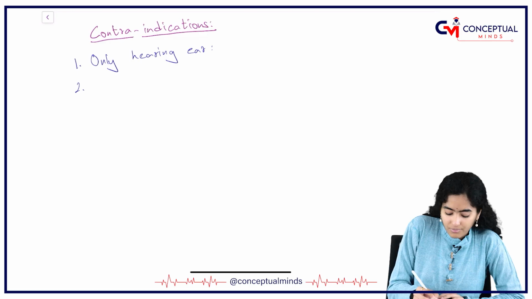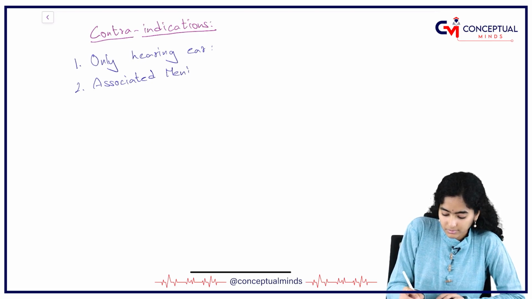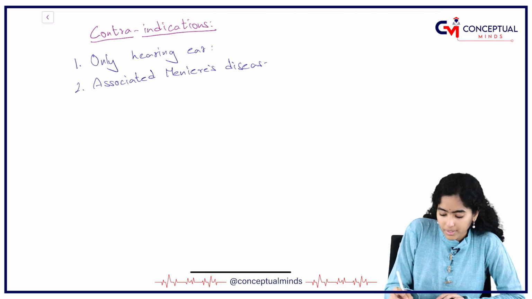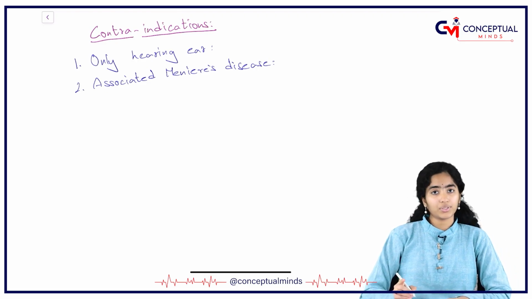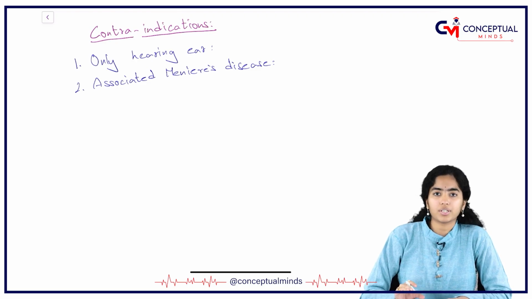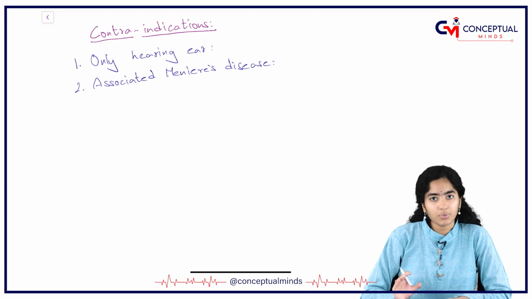Second, when there is associated Meniere's disease, then also stapedectomy is contraindicated. Now I told you on the clinical features, vertigo is one of the clinical features. Although it is not a common clinical feature, we have to keep in mind vertigo.